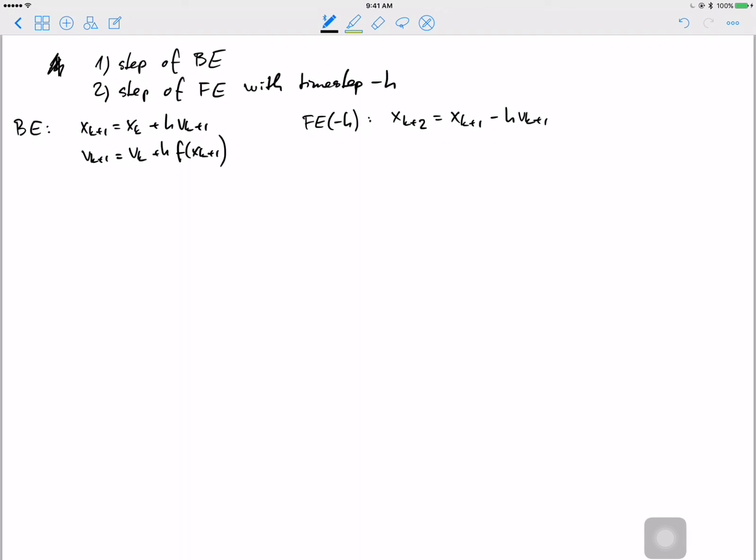That's a forward Euler update rule. And vk plus 2 similarly will be vk plus 1 minus h f of xk plus 1. Do you see the funny thing that happens there? Just with algebra, what this thing is and what this thing is.